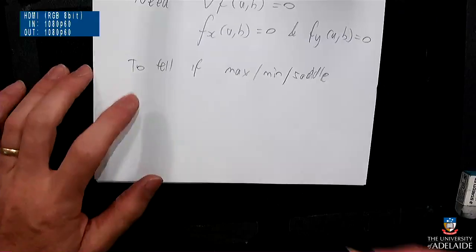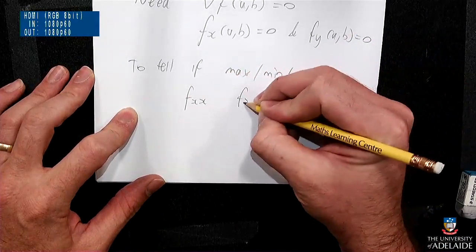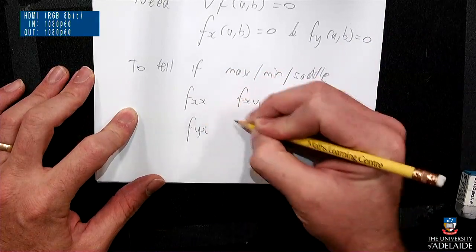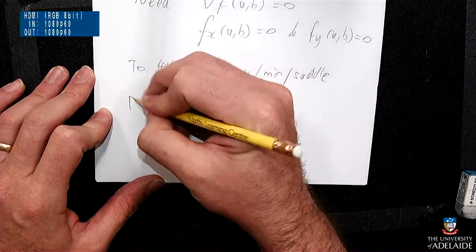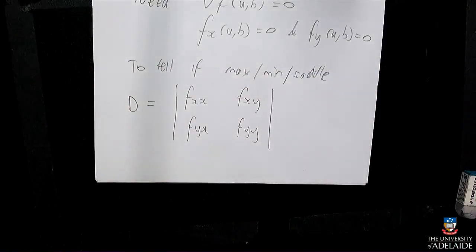And the way that we do it is that we calculate all of these things. Calculate this D, which is the determinant of this matrix at the point (a, b).